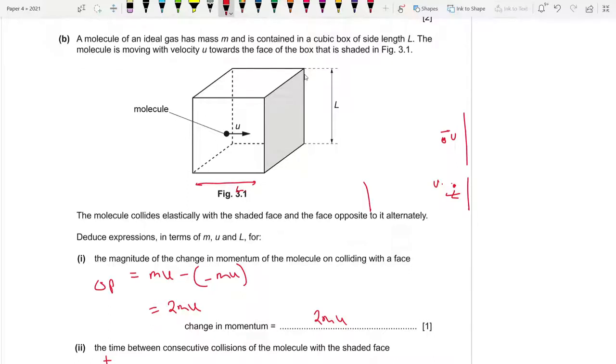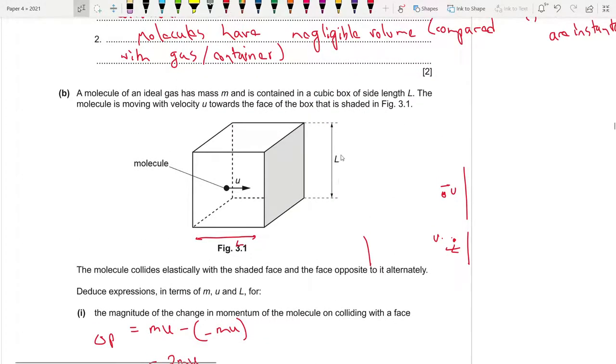Basically, let's assume that the molecule is located right now over here at this surface. The molecule is initially located here, for example. Now it's moving towards that wall. Just after one collision, it's moving towards that wall.